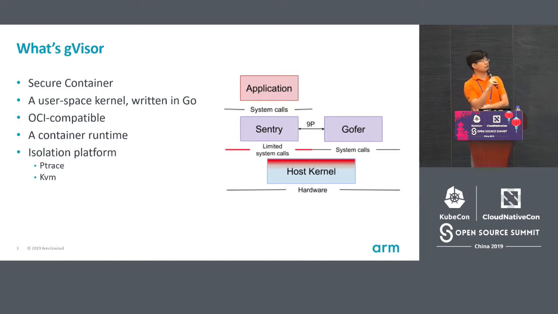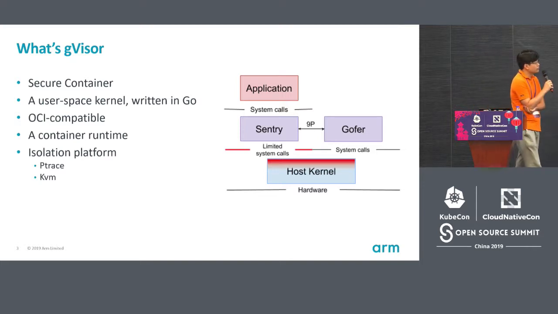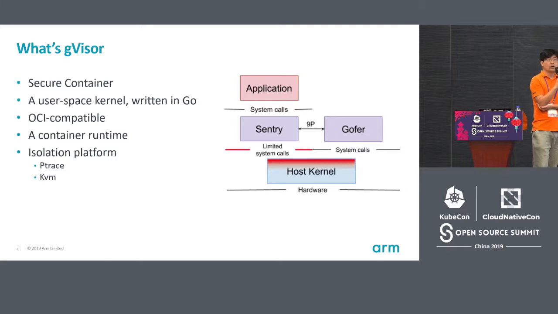gVisor, first, is a solution for secure container or for trusted computing. So far, it is compatible with OCI, so that means it can run in Docker. It can be called by different solutions like CRI.